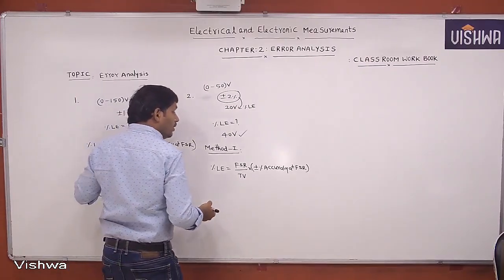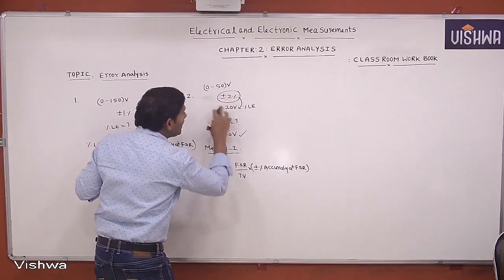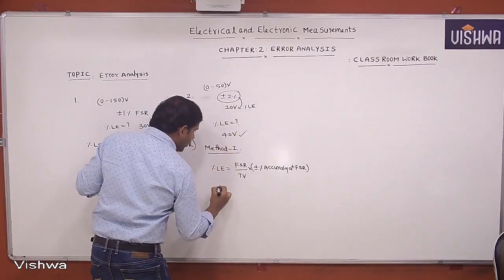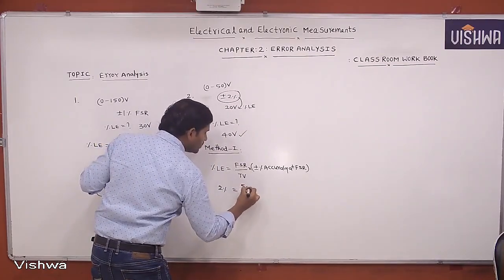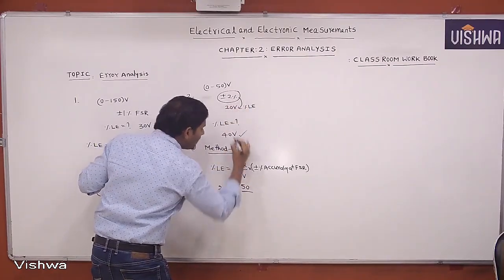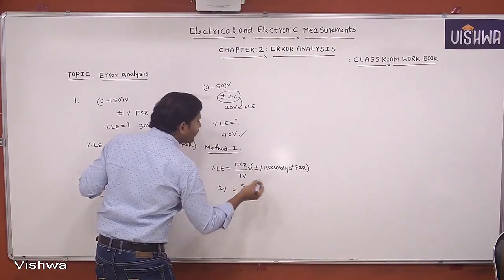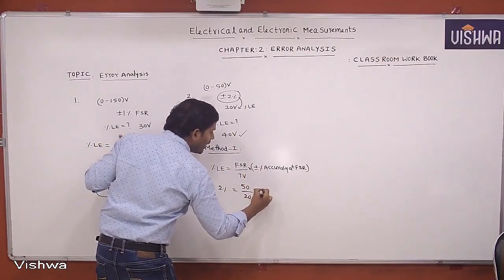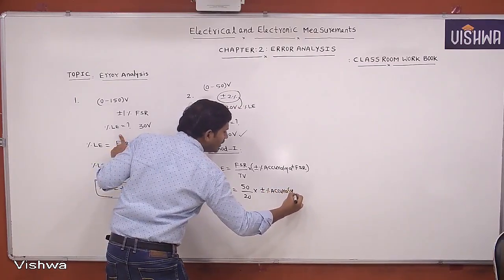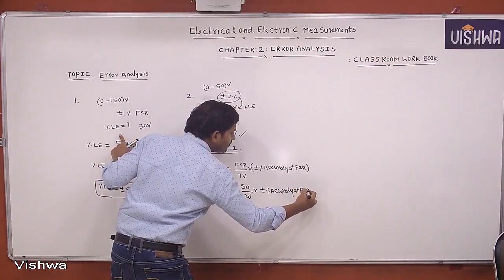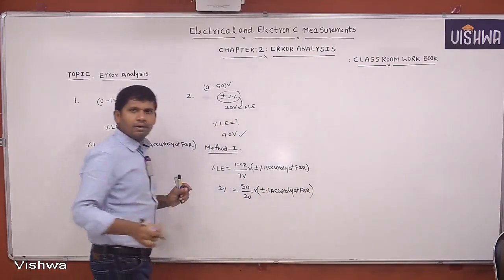Now, the percentage limiting error given is 2%. The full scale reading is 50 volts. The true value in the measurement is 20 volts. You want to calculate plus or minus percentage accuracy at full scale. Clear?